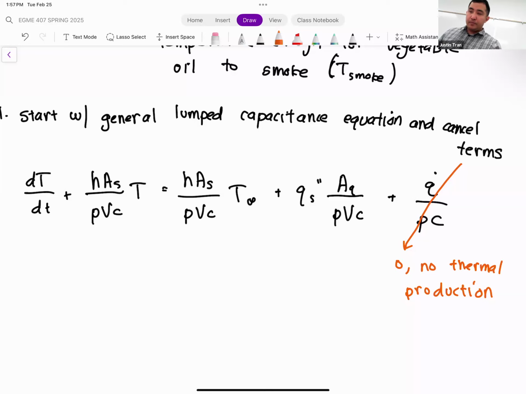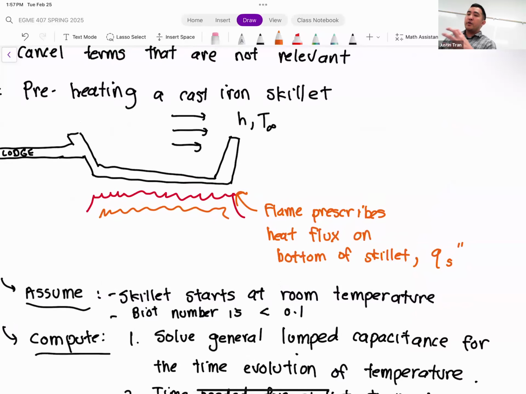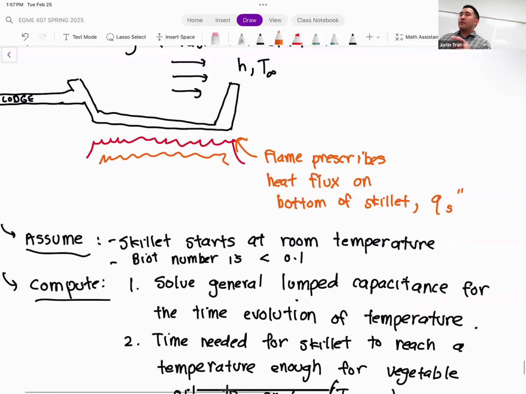Question, yes. In the future, if I were to do this problem on my own, I would think that the flame was an example of thermal production. Why is it not an example? Yeah, that's a good question. Technically speaking, you can consider the flame as the production of thermal energy because you're burning gas or some kind of fuel and producing heat. But for this equation, you have to think about what we're considering.